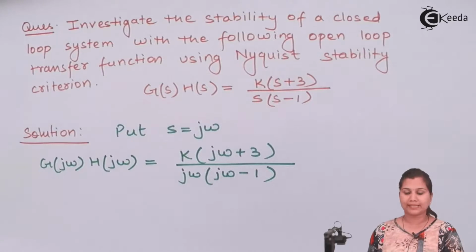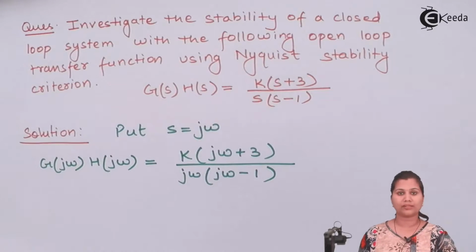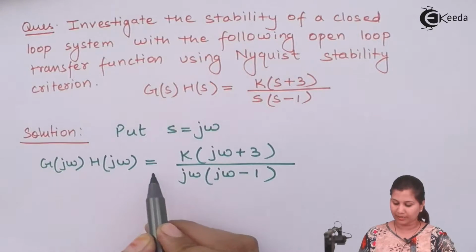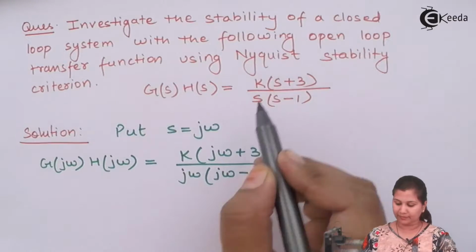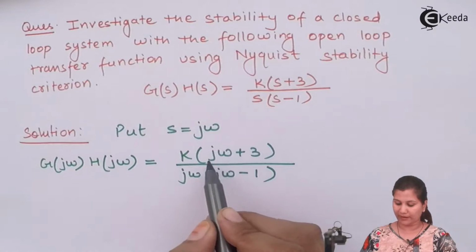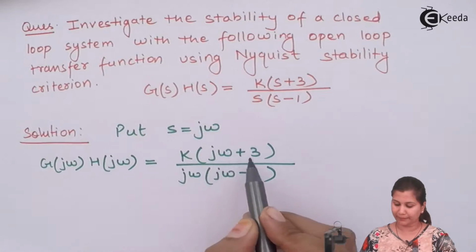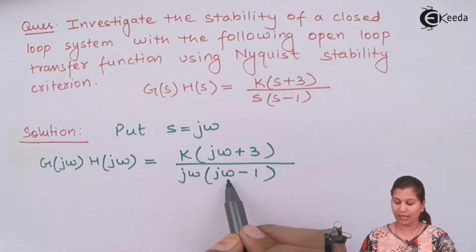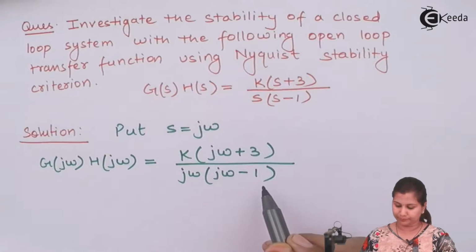So we have replaced the S by j omega. So our transfer function has become G(j omega) H(j omega) equals K(s + 3) upon s, and in multiplication we have (s - 1). In place of s we have written j omega, so (j omega + 3) upon j omega, and in multiplication we have (j omega - 1).